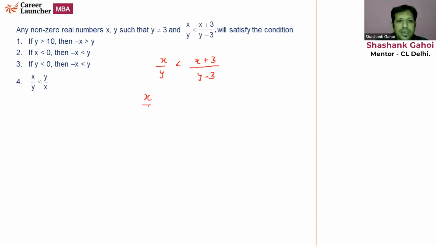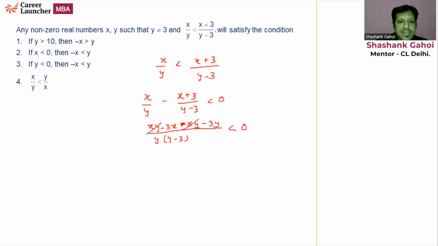So x upon y minus x plus 3 upon y minus 3, that's less than 0. Just cross multiply, take LCM as y into y minus 3. So I am going to get xy minus 3x minus xy minus 3y, and that's less than 0.